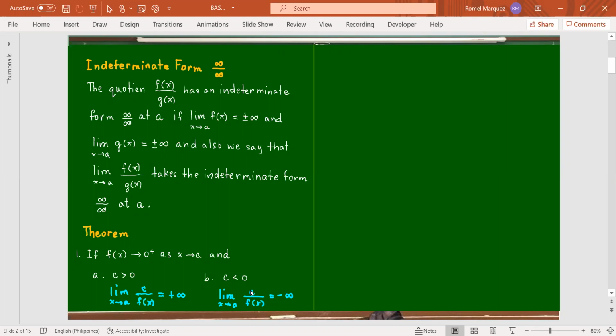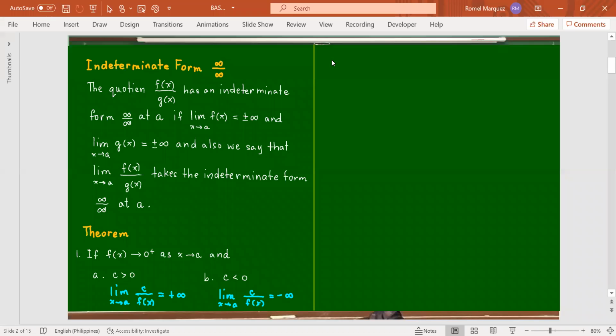Okay? So again, C is negative. The denominator is approaching 0, but through positive values, then this quotient is what? Is negative infinity, that limit. Okay?